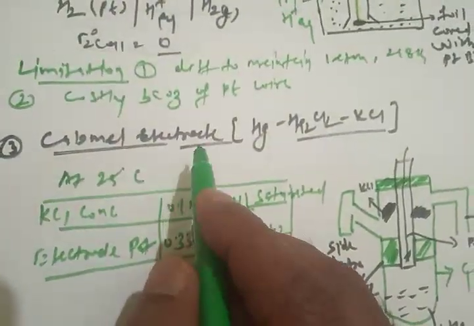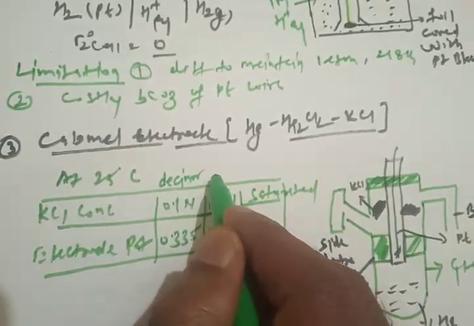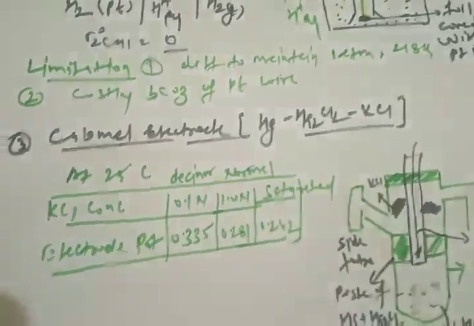This is the decinormal, this is called normal, and this is the saturated. So these are the values for KCl at different concentrations.